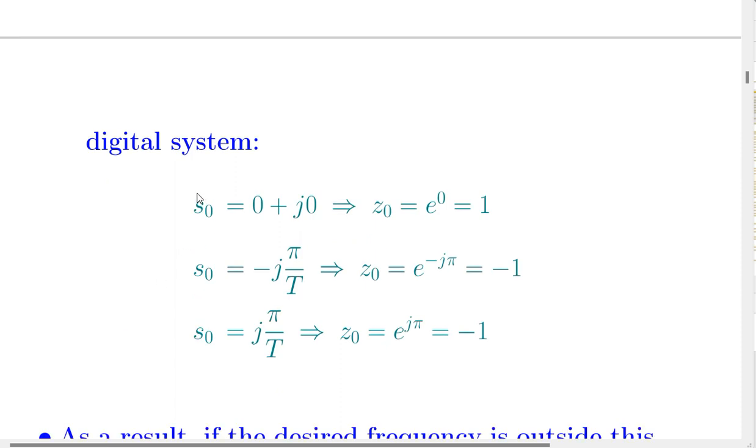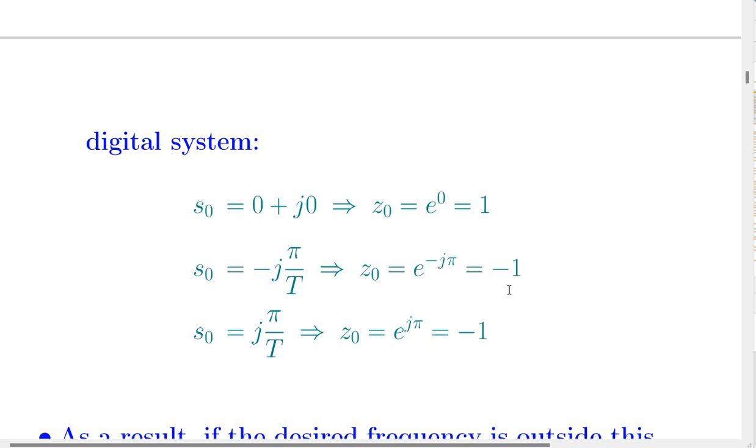Anyhow, s0 being at the origin will be mapped to z0 being equal to 1. The degree is 0, locating at the unit circle. s0 being equal to minus j pi over Ts will lead to z0 being equal to minus 1, a complete rotation on the circle.